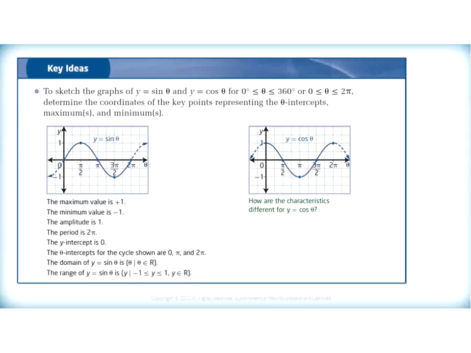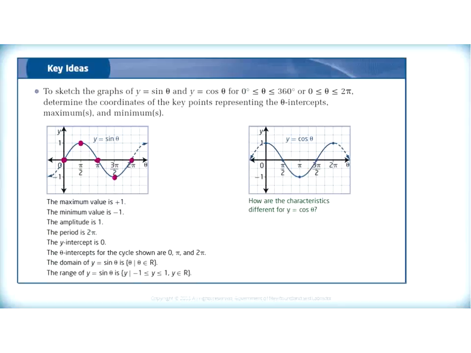So the key points on the graph of sine x are 0, 0; pi over 2, 1; pi, 0; 3 pi over 2, -1; and 2 pi, 0. That gives one full cycle of the sine function.